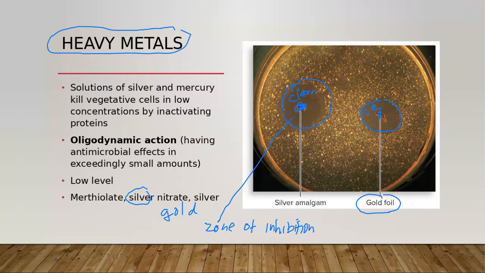So these heavy metals kill and destroy bacteria that are close to them. But if we look outside over here, this is bacteria that is growing. So you can compare from this experiment which one is more effective. The higher or wider the zone of inhibition, the more effective it is going to be. If you compare gold and silver based on this experiment, silver is actually more effective than gold in destroying bacteria.